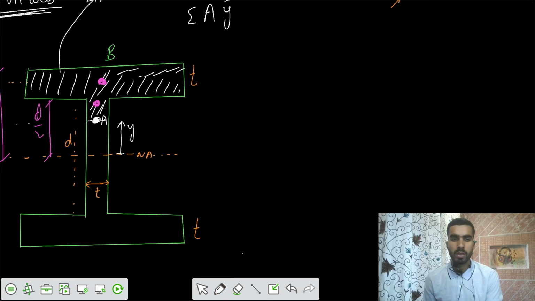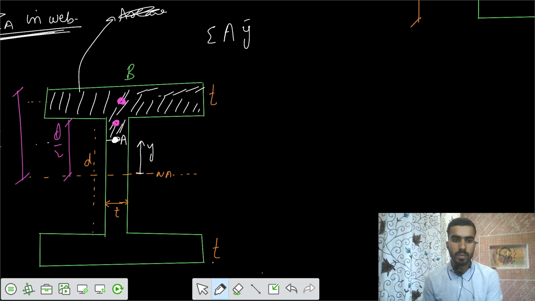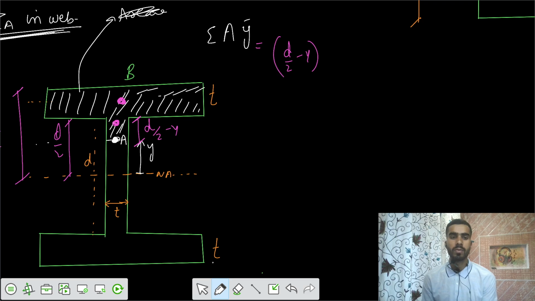Can you tell me what this value is? This value equals d by 2 minus y. So if you take the first area, it equals d by 2 minus y into the thickness t. We got the first area, and its centroid is at a distance of y plus 1 by 2 of d by 2 minus y.